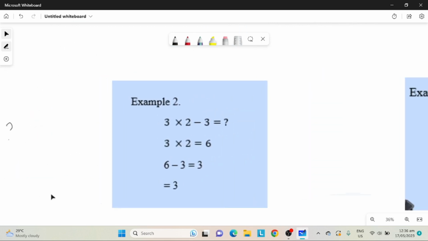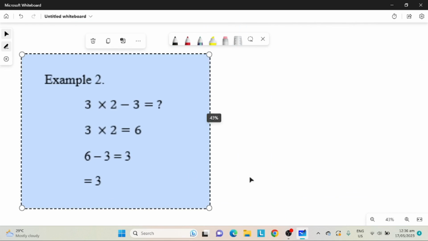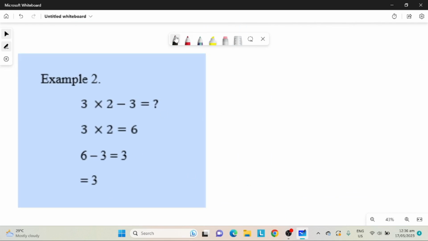Example number 2, we have 3 times 2 minus 3. First copy the first term, which is 3 times 2. 3 times 2 is equal to 6. Then 6 minus 3 is equal to 3. First thing first, if there is a multiplication, do the multiplication first, which is 3 times 2 is equal to 6.